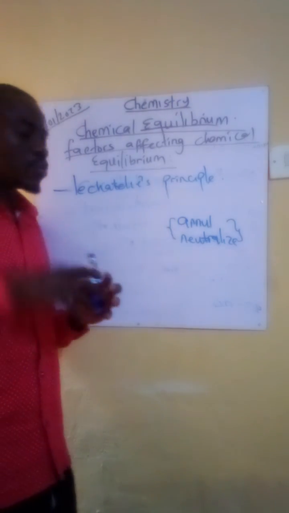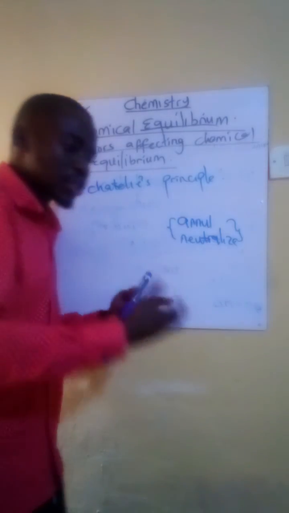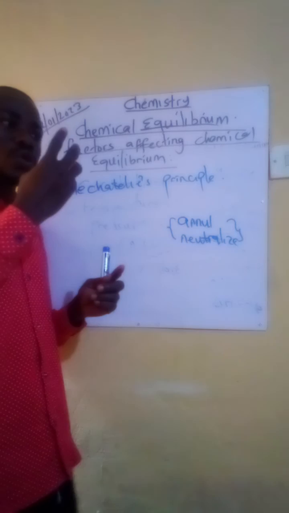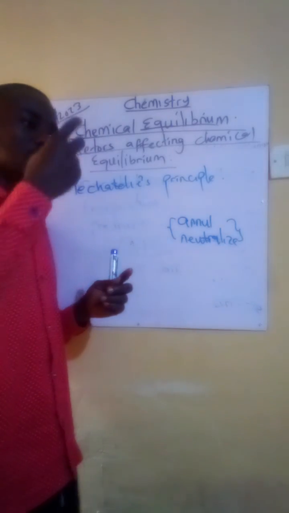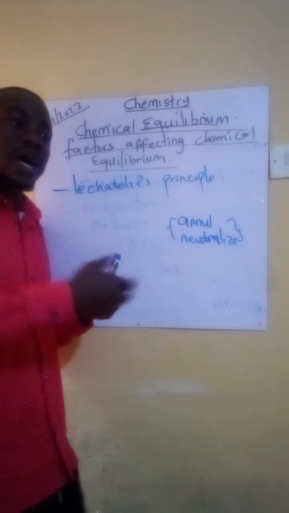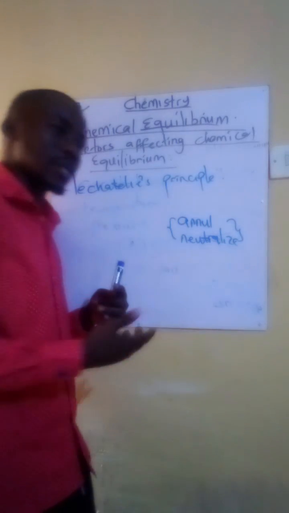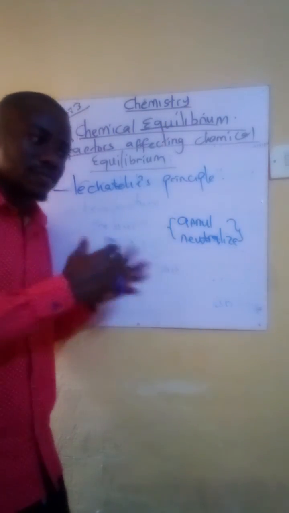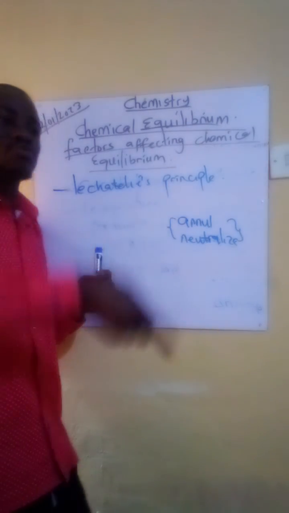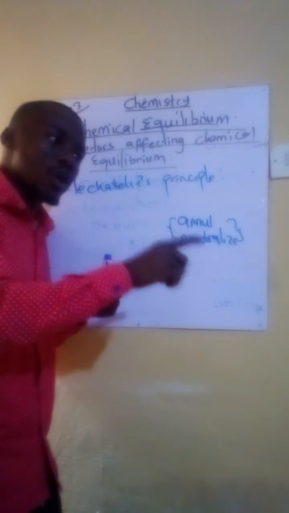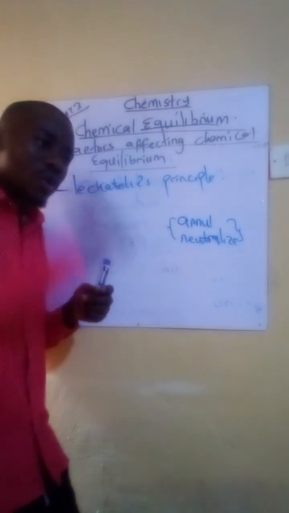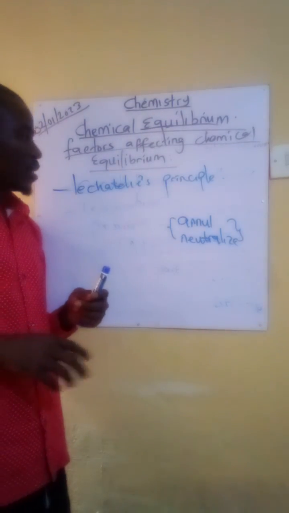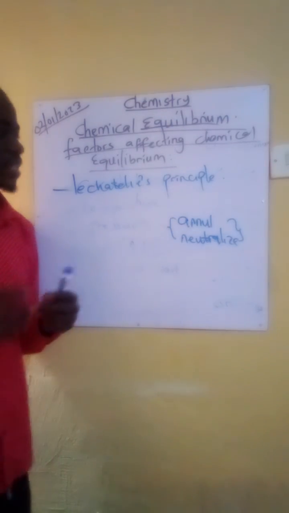This annul and neutralize means that it wants to take care of that change that has happened, because those factors that you are applying, the pressure, the concentration, the temperature, are an attempt to disturb the system. It's an attempt to change the system. What the system does is adjust itself so as to neutralize or annul the effect that must have been caused by those factors. So that is what the general principle is all about.